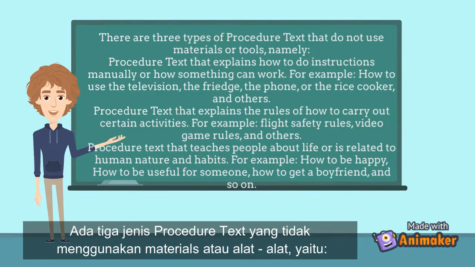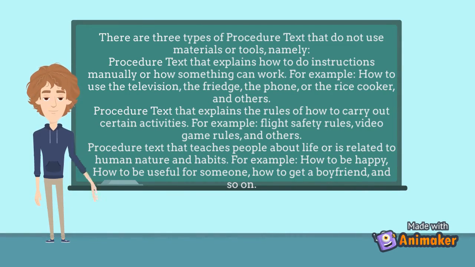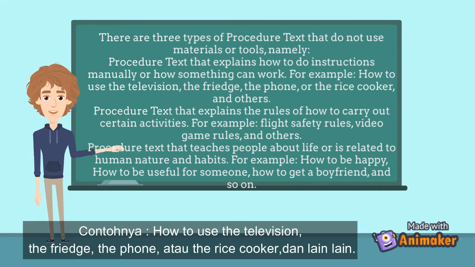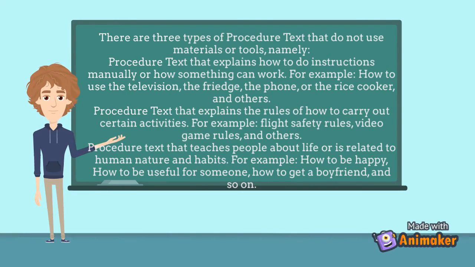There are 3 types of procedure text that do not use materials or tools. Namely, procedure text that explains how to do instructions manually or how something can work. For example, how to use the television, the fridge, the phone, or the rice cooker, and others. Procedure text that explains the rules of how to carry out certain activities.